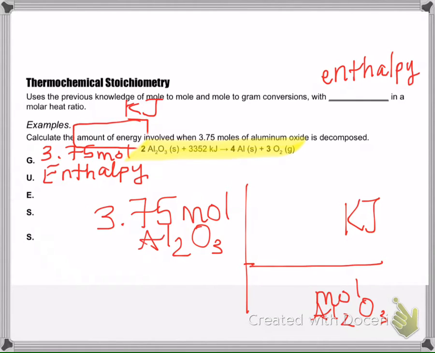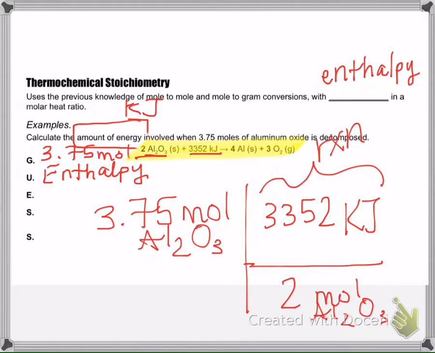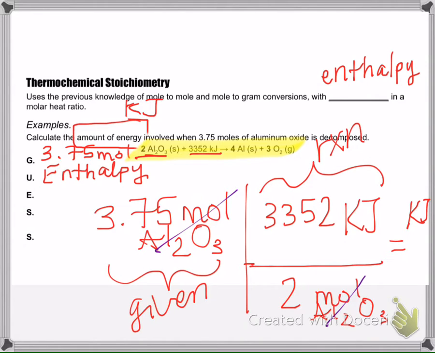Per the equation, 2 moles of aluminum oxide are going to make 3,352 kilojoules of energy. So this I got from the reaction itself. You take your given, use the information provided, and that will help you solve for kilojoules. The moles of aluminum oxide are going to cancel out, so this is gone and this is gone, and you are left with kilojoules.